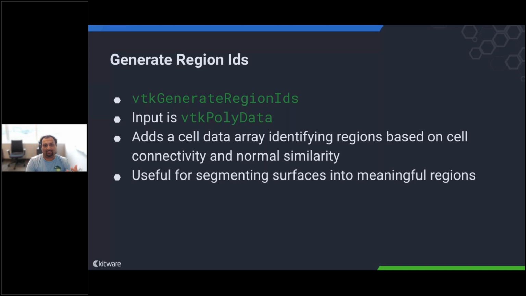Basically, it creates a new data array that identifies which region each cell belongs to. The idea is more like a connectivity filter, but the internal implementation is more like vtkFeatureEdges. It's multi-threaded and uses VTK SMP tools, so it's a much faster, quick way of segmenting out different regions of surfaces.